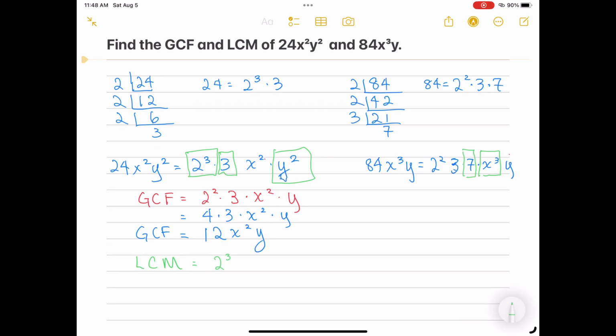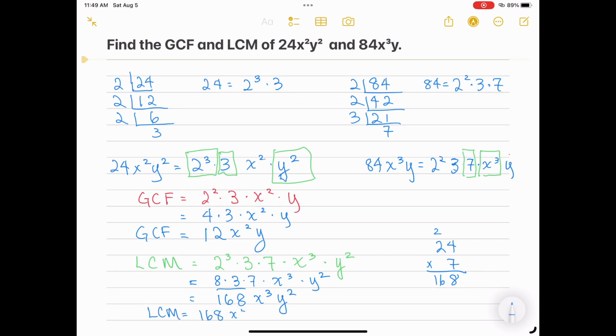So write that all down. 2 cubed times 3 times 7 times x cubed y squared. And we simplify. So that would be 8 times 3 times 7, or 24 times 7, which is 168 times x cubed y squared. That's how you find greatest common factor and least common multiple of algebraic expressions.